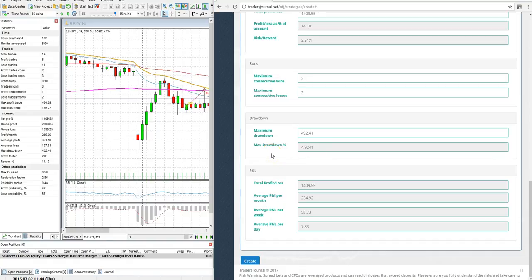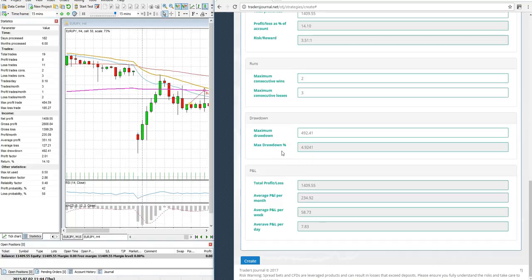However, if you're starting with a different size account and it's a different number, it's slightly more complicated. But the maximum drawdown is from a high to a low, the most money that you are down at any one point. So £492.41. So those 3 consecutive losses would have generated that drawdown, and as a percentage of account, the maximum drawdown is 4.9%, so just under 5%.